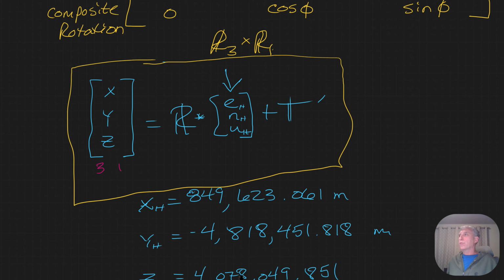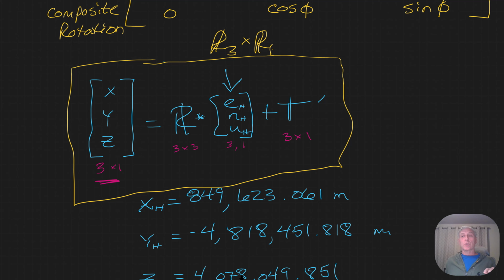So this is a 3 by 1, 3 rows by 1 column. So that's what I need to end up with. So when I look at my matrix operation equation, this is a 3 by 3. This is a 3 by 1. So in order for me to get a 3 by 1 back, I have to add a 3 by 1 matrix.